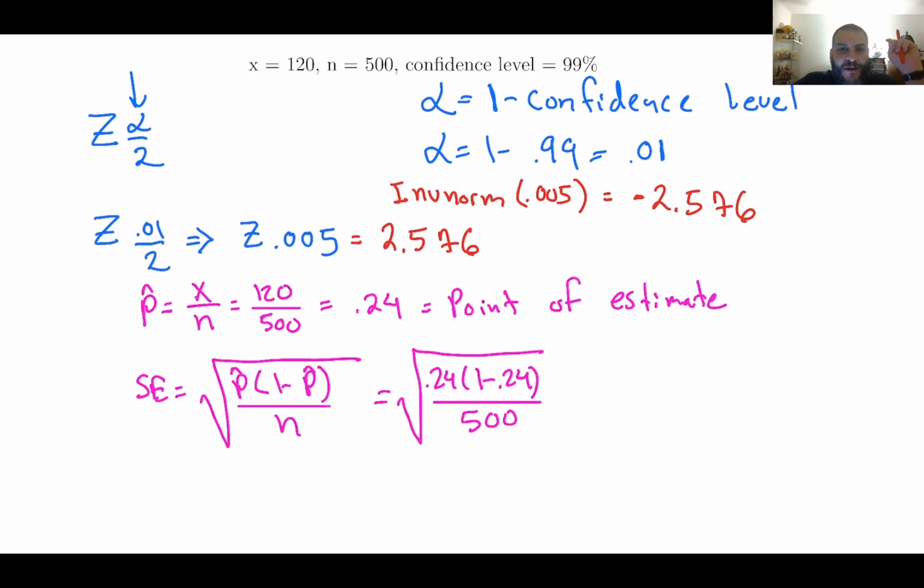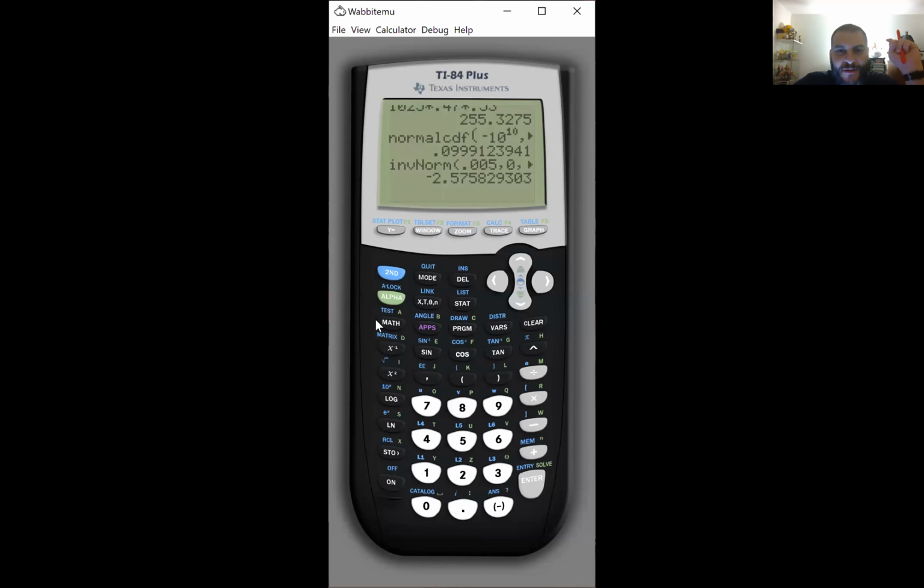Any question on how I got that? I'll do this in my calculator. Second, x squared, 0.24. Remember, you always want to do the 1 minus part mentally or prior to it, so you don't have to deal with parentheses. 1 minus 0.24 is 0.76.